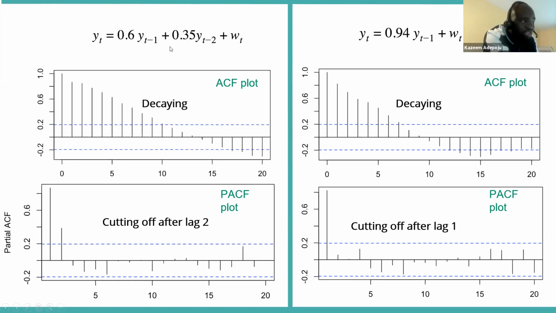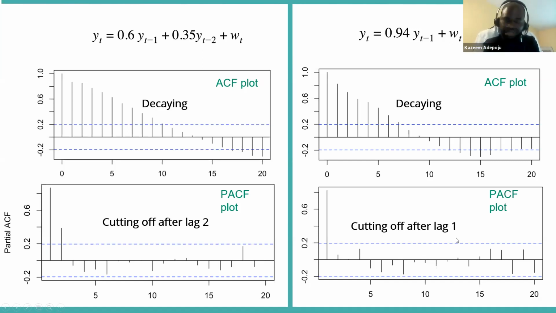I cannot use this to talk about more than two steps apart, and that is the reason why it is going to cut off after lag 2. If it cuts off after lag 2, then it's an AR2. So if it cuts off after lag 1, you can see after lag 1 it actually cut off, then it is an AR1.